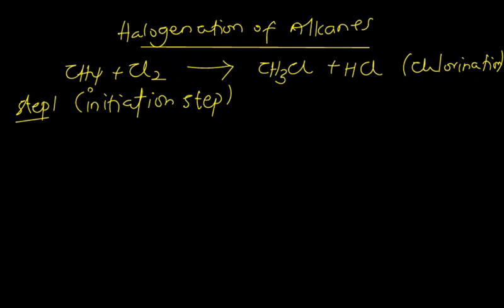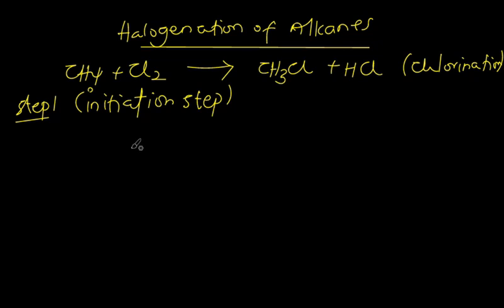This is the step that requires the use of sunlight or UV for it to occur. That is the more reason why if you carry out this experiment in the dark, it will not occur, because the radicals that are needed to start the reaction are produced in the presence of sunlight. If you put them in the dark, they will not be produced, and the reaction will not even start in the first place.